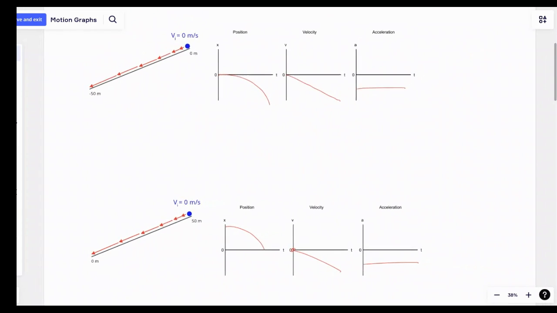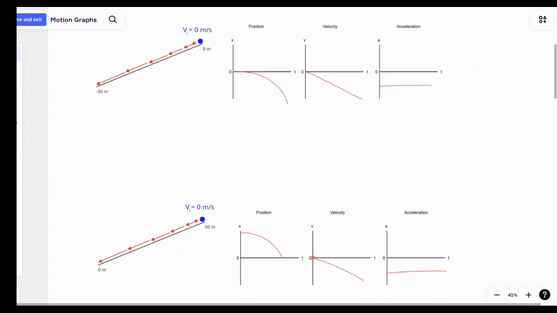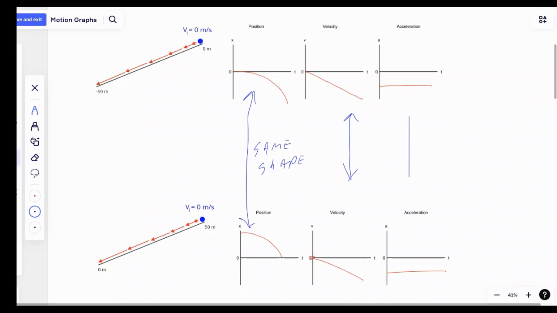So if you kind of look at these two, right, it's the same shape, just a different starting point. And these are also the same. Okay? So make sure you understand how those graphs are generated.